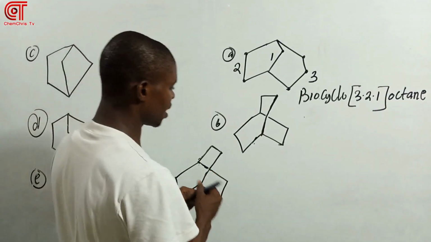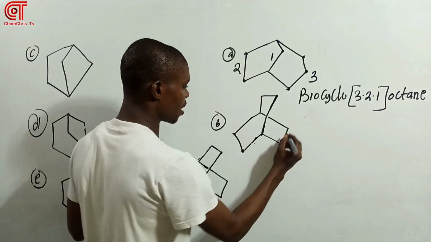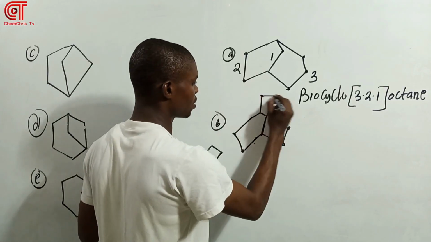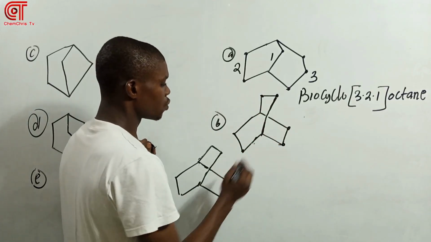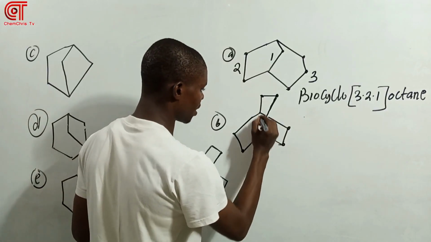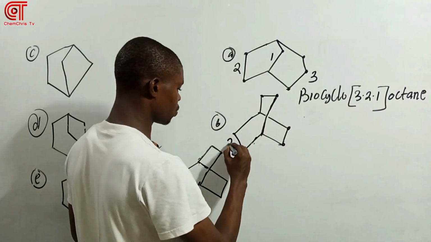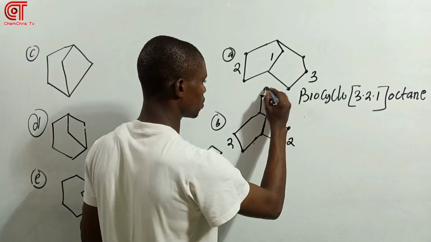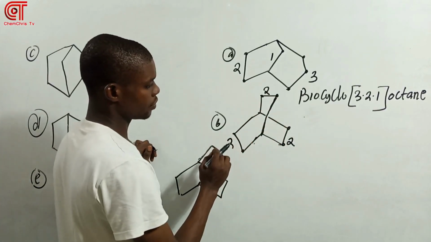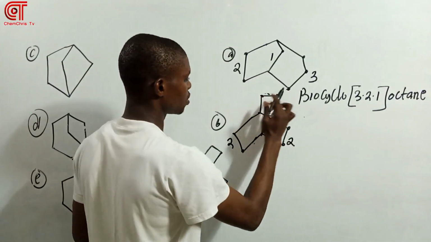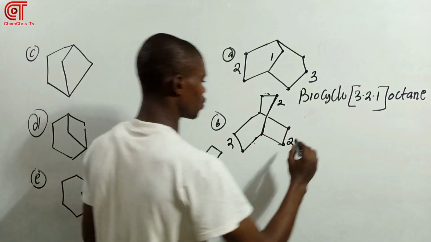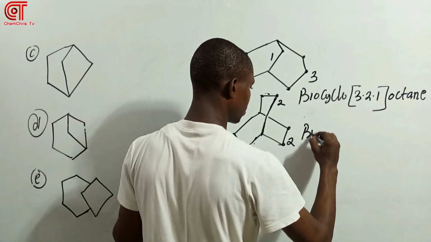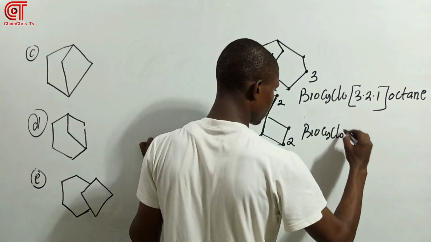So you want to name this one here. Here we have 1, 2. Here we have 1, 2. Here we have 1, 2. So the two bridges, carbon here, carbon here. So we have 2, 2 and 2. So it's going to be bicyclo.